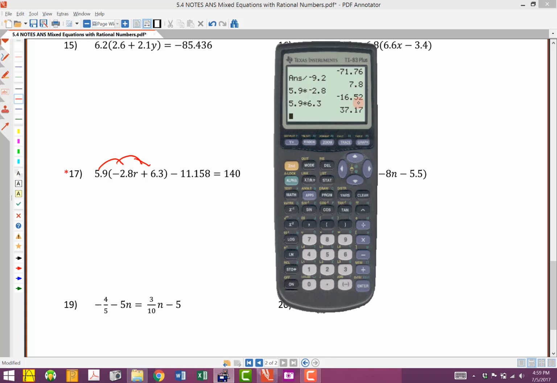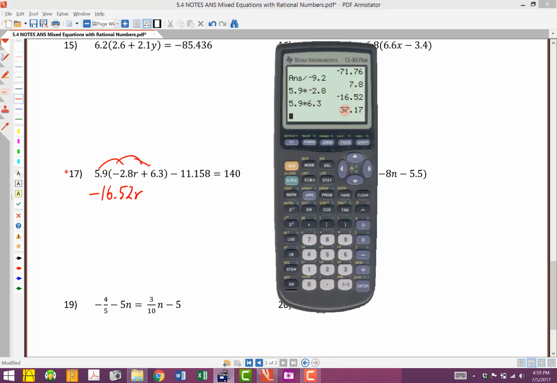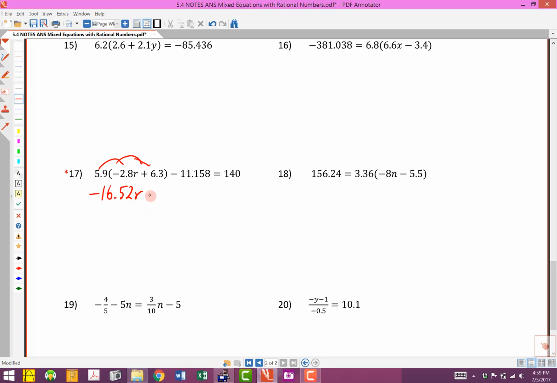So negative 16.52r, don't forget the r. And then the other one was, let's see, 37.17. So that's going to be plus 37.17 minus the 11.158, and that equals 140. Now remember, we're going to simplify the sides before we start solving this, so I'm going to combine those together.